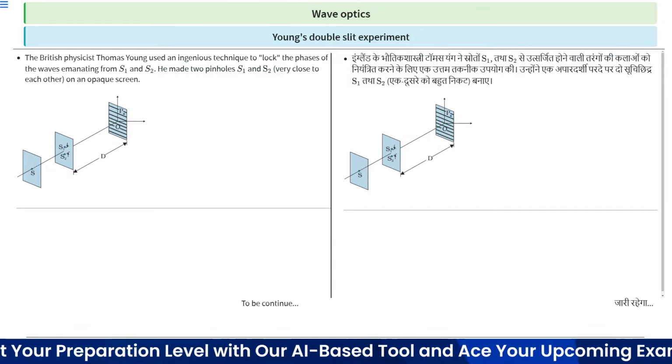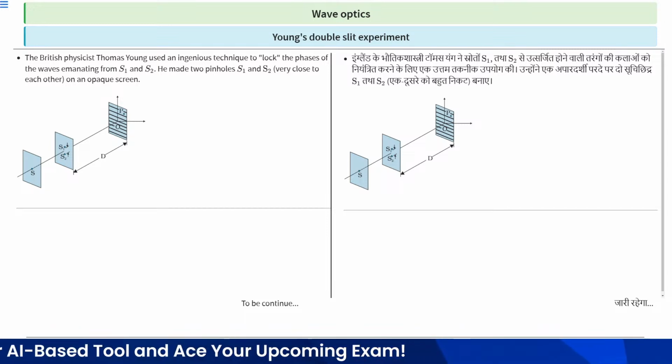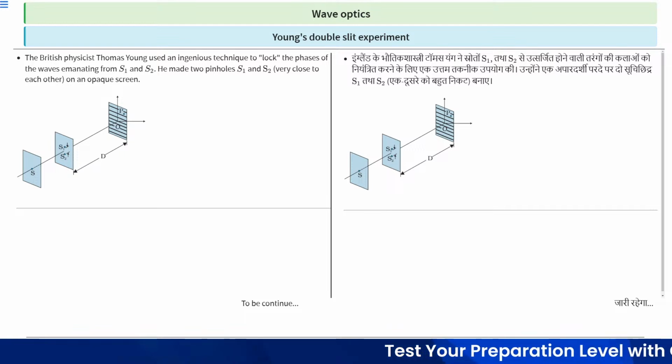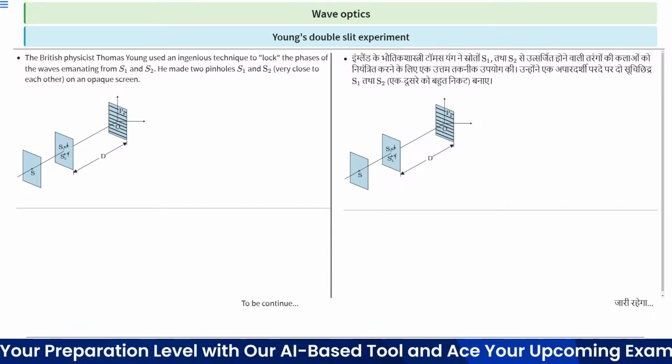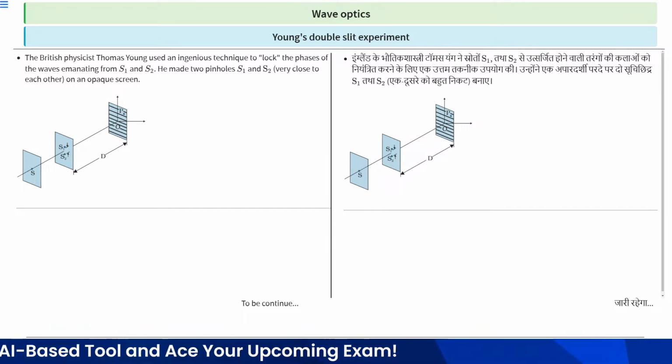In this diagram, there is a source denoted by S, and this source generates waves. Emanating from it, he made two pinholes, S1 and S2, and these are very close to each other.